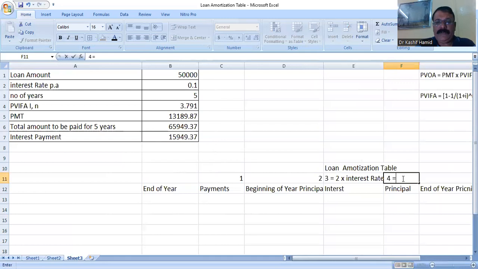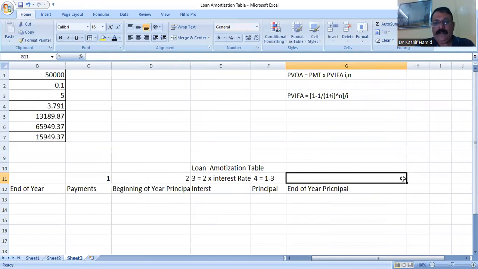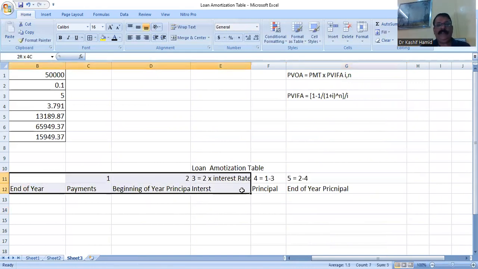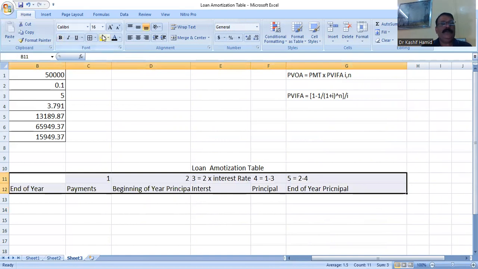Fourth column is equal to column 1 minus third column, and fifth column is equal to second minus fourth column. So let it be in boxes.